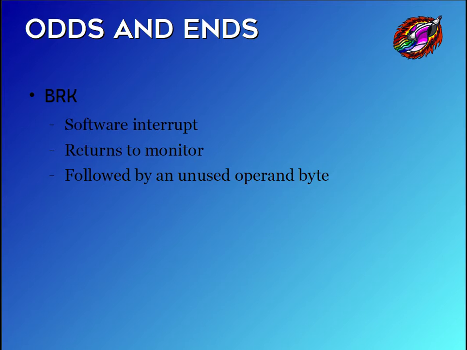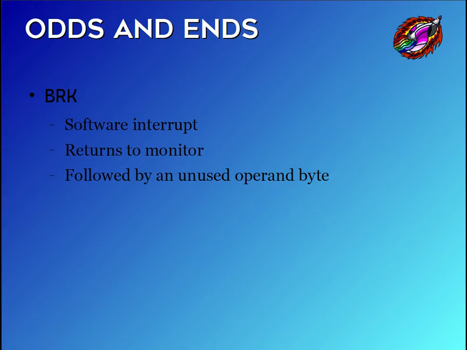BRK is a little bit of a funny instruction in the 65816 in that it assumes that there is an operand byte after it, but for some reason, no assembler that I know of lets you put an operand byte in there, because the operand byte isn't used for anything by BRK. It's just there. So typically what I do in my assembly code is I will put an instruction immediately after it that is not meant to be executed.